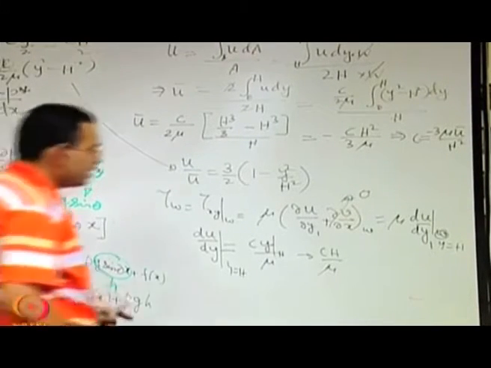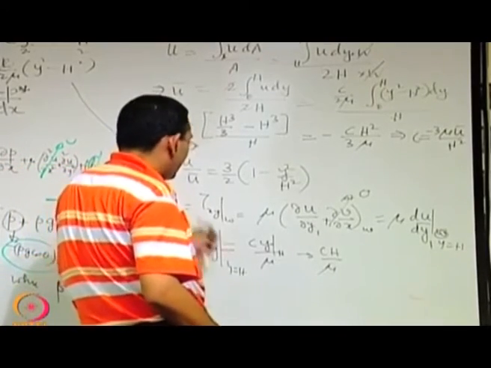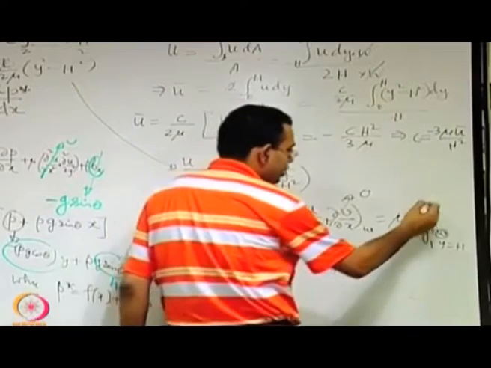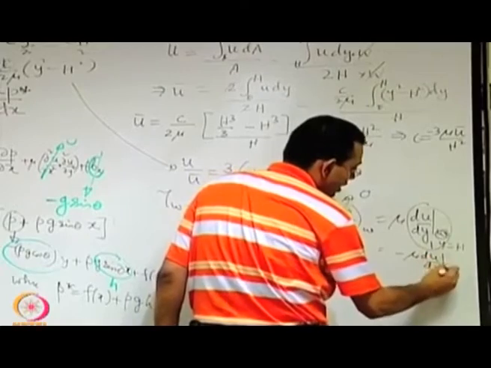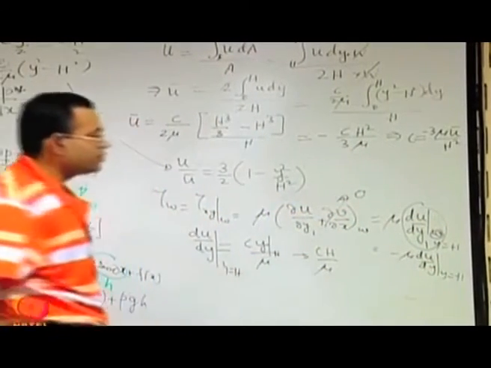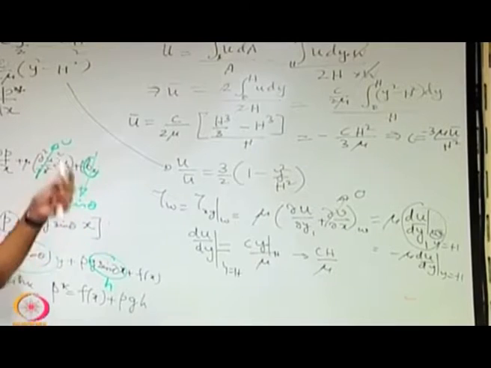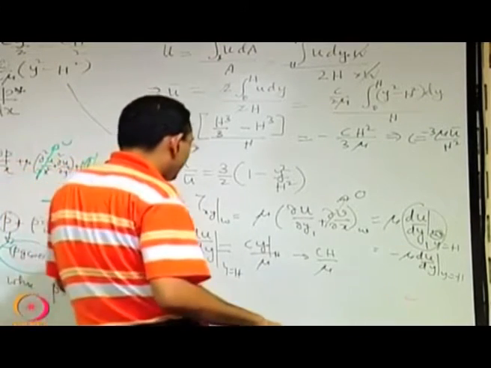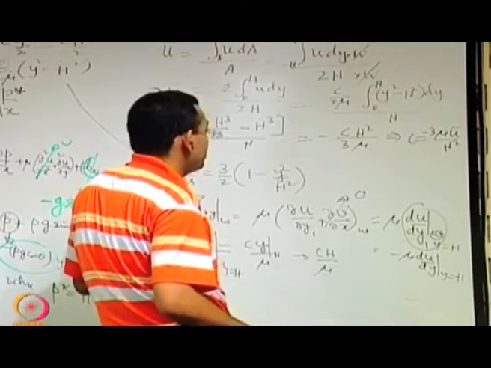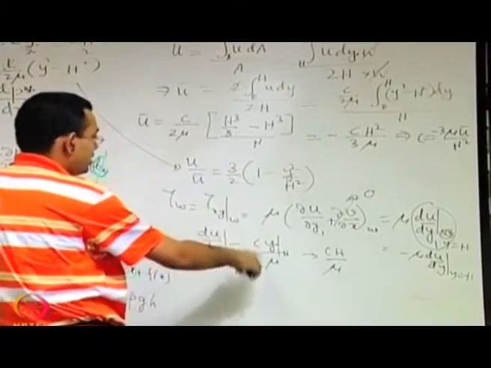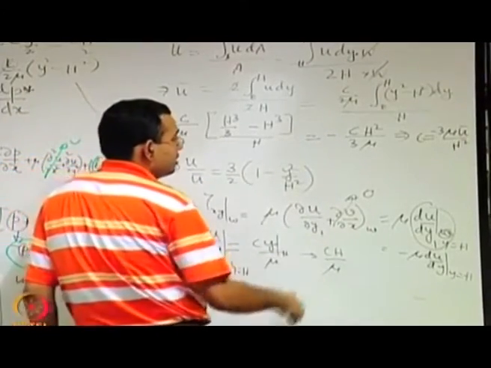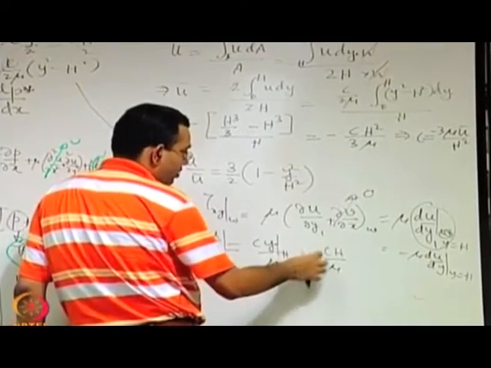So when you write this, it may be written as minus mu du dy at y equal to h, though it is mu du dy1 at y1 equal to 0. So this plus minus sign is with the convention of the normal of the wall. So du dy is cy by mu, that is ch by mu at y equal to h.